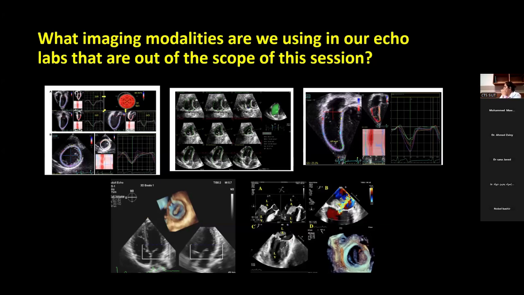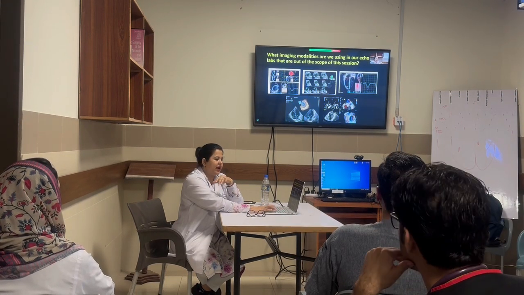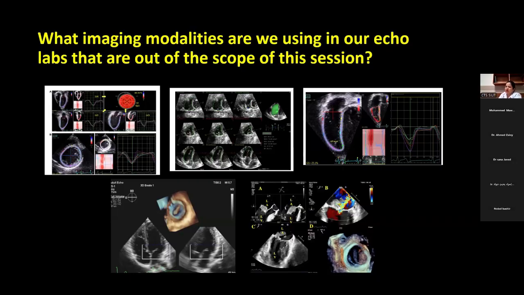If somebody asks you what else you are doing along with the 2D image or color Doppler, in our Ecolab, we are blessed that Dr. Shazia has incorporated all these things: we are doing LV strains, RV volume, RV strains, and 3D in the transthoracic echo as well as in the transesophageal echo. Everything needs explanation and details, which we will incorporate in the next phase of our educational series.